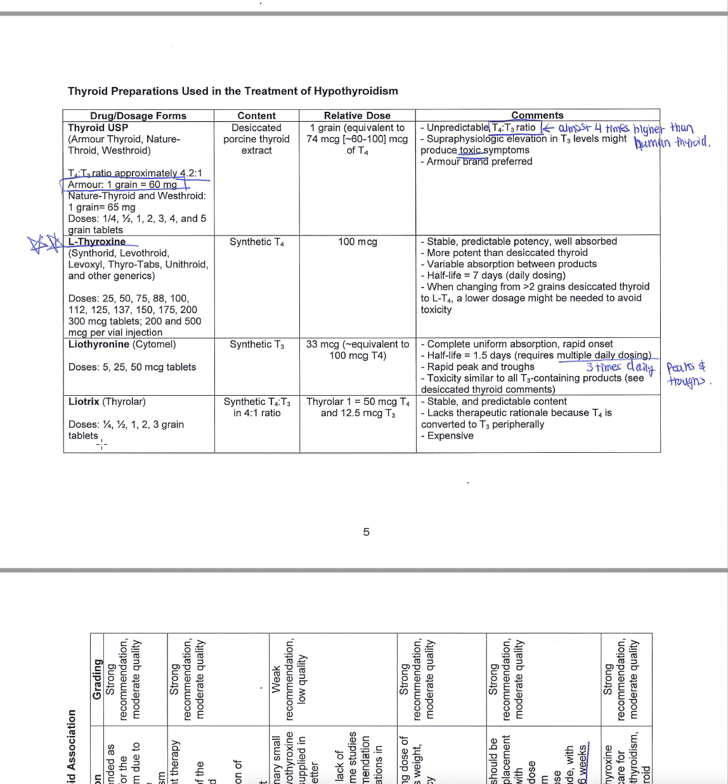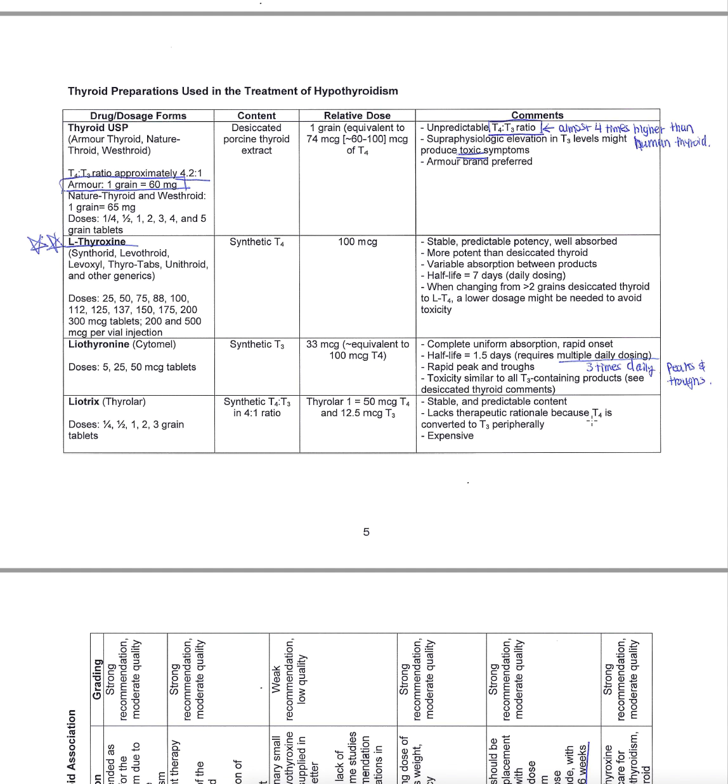The last one is Liotrix, which is a synthetic combination version of T4 and T3 in a 4:1 ratio. Because it is a synthetic version, it is much more stable and predictable compared to thyroid USP. However, it just doesn't have any rationale for use, because like I said, T4 is going to be converted peripherally to T3.